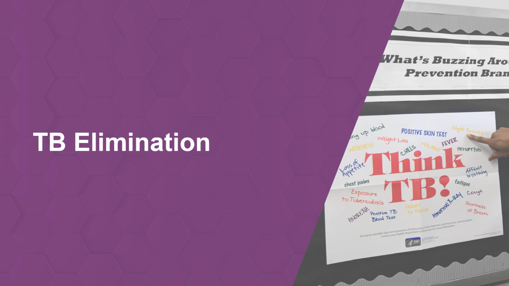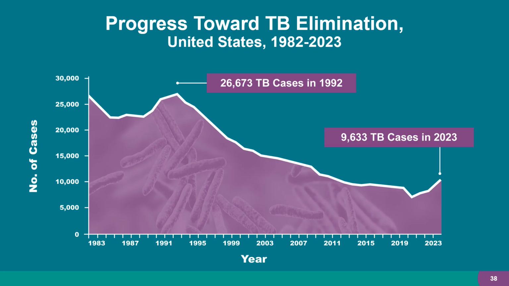TB elimination. 2023 saw a 15.6% increase in cases compared with 2022. There were 9,633 TB cases in the United States in 2023. To reverse recent increases in TB and reach the goal of TB elimination in the United States, enhanced strategies to diagnose and treat inactive TB and TB disease are needed.